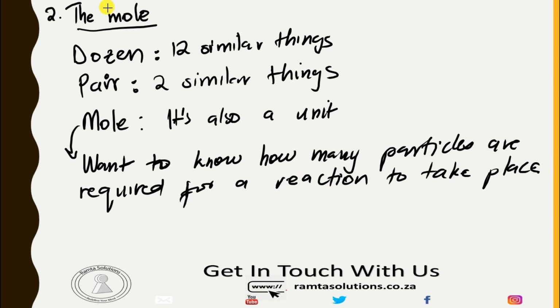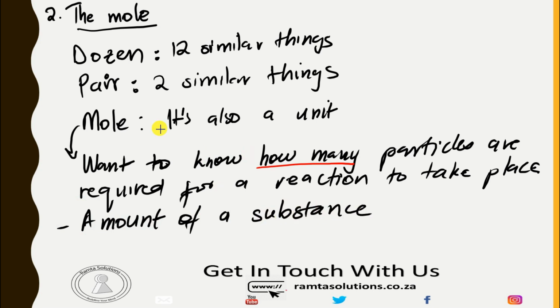So you see, you must underline how many. When you say how many, that means you are counting, right? So this therefore says to you that a mole is an amount of a substance.